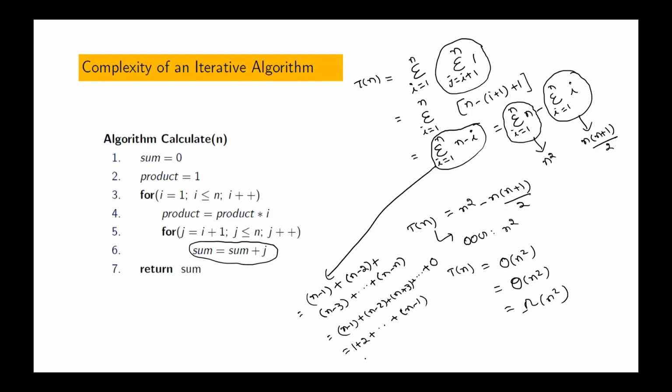What is this value? n minus 1 into n by 2. n minus 1 into (n minus 1 plus 1) by 2. That is n into (n minus 1) by 2. Correct now? Is that okay?